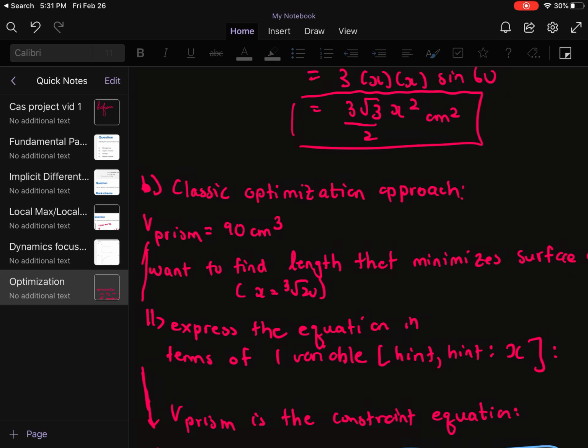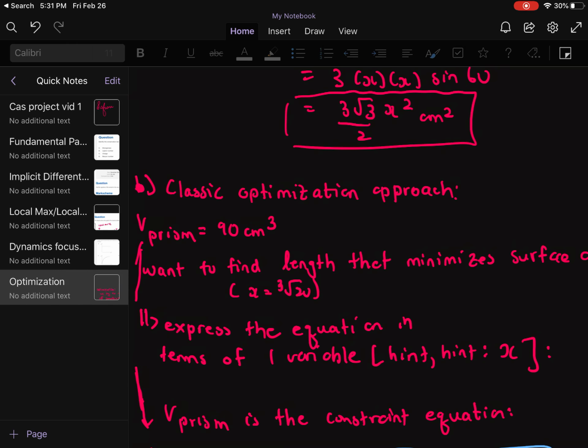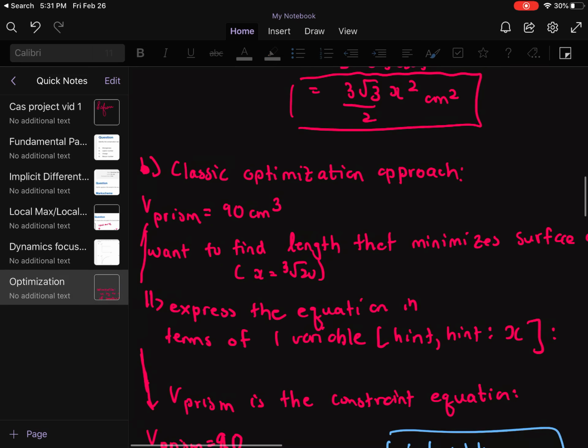And I'm just reiterating what we need to do. We want to find the length that minimizes surface area, which in this case, x is equivalent to the cube root of 20. And we need to express the equation in terms of one variable. So that's the approach. The hint in this case was x, which is why you notice in part A, they had the variable x in it.